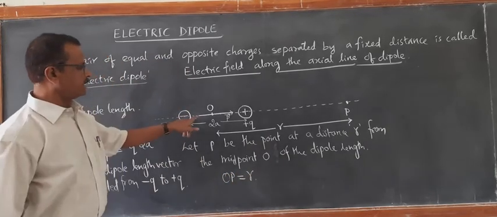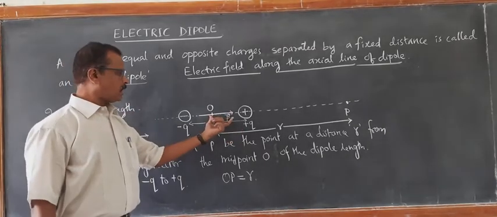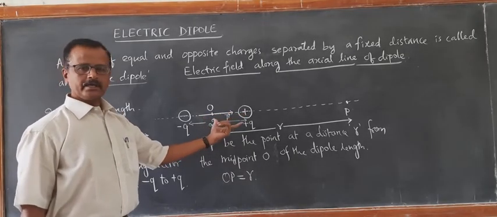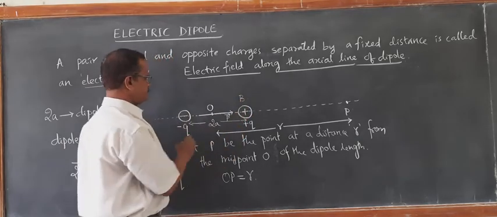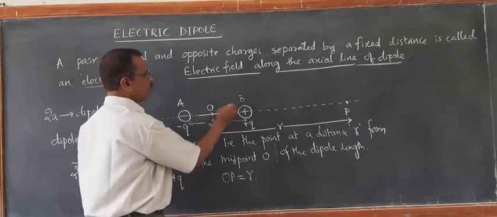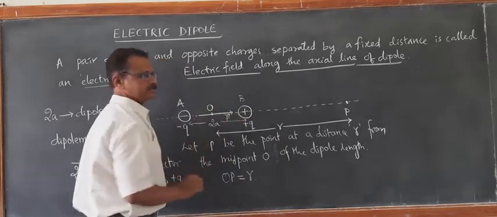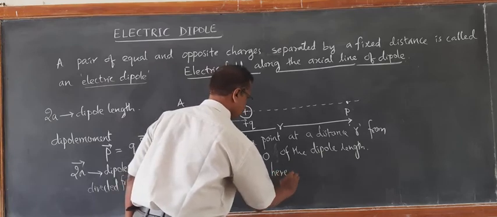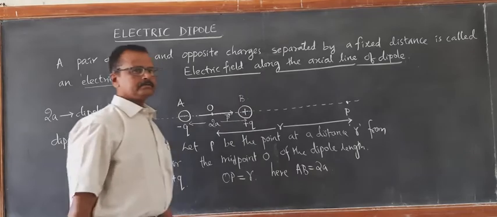Since the entire dipole length is taken as 2a, half the dipole length is going to be a. So if you mark this point as B and this one as A, then OB is equal to a and AO is also equal to a. Here AB is the dipole length 2a.